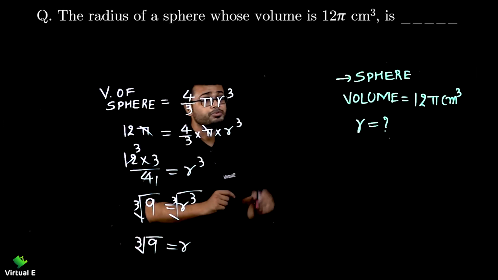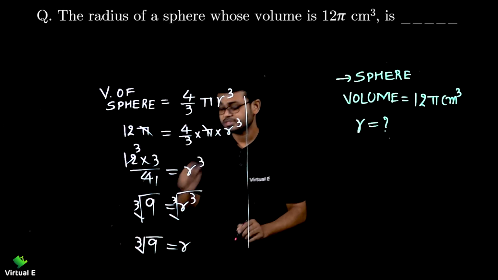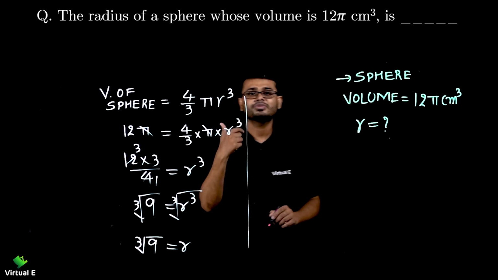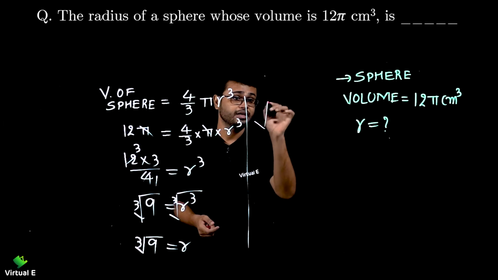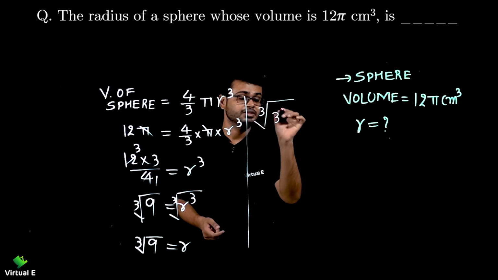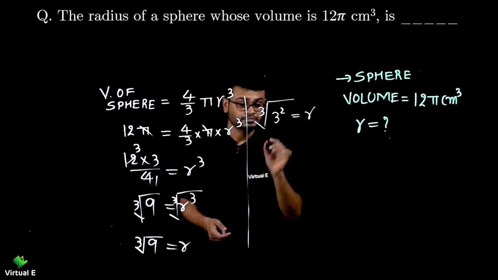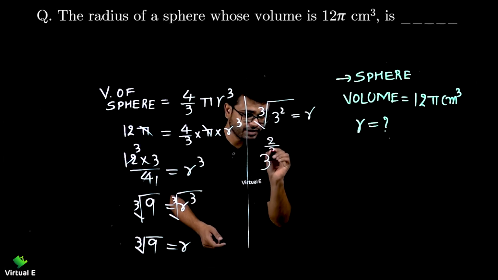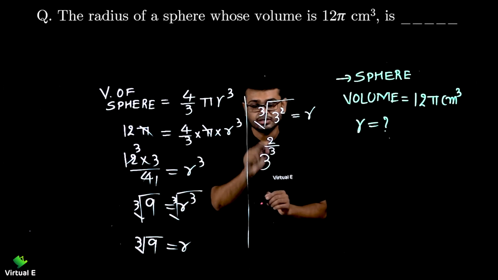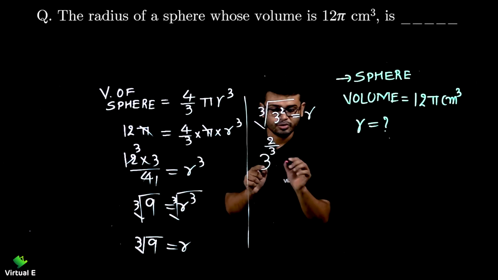Now when you see the options, this kind of answer doesn't exist, right? So you need to simplify further. How can you do that? See, 9 can I write as 3 square, right? So the cube root of 3 square, which is 3 raised to 2 by 3.